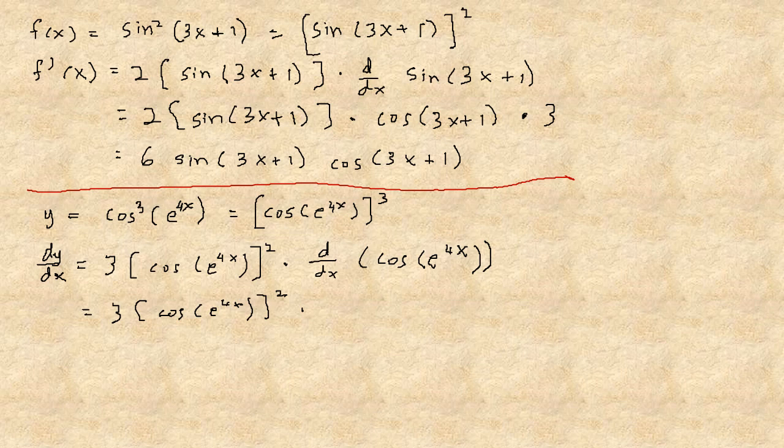First we differentiate cos, we get negative sine, and then write their function e to the 4x, and then multiply by the derivative of exponent 4x. Differentiate e to the 4x, we get 4e to the 4x.